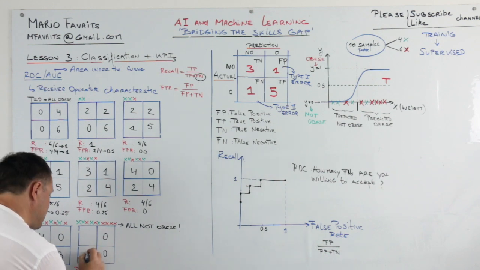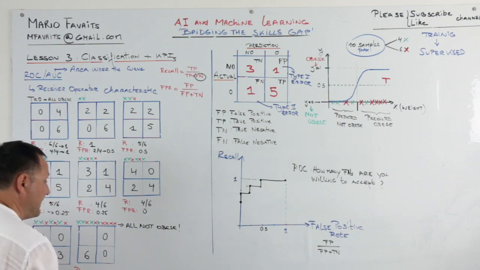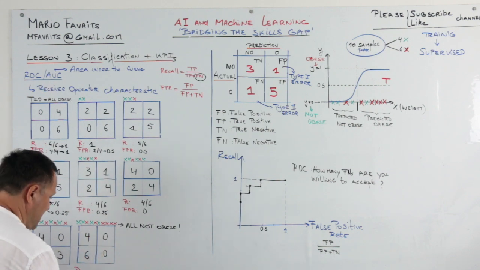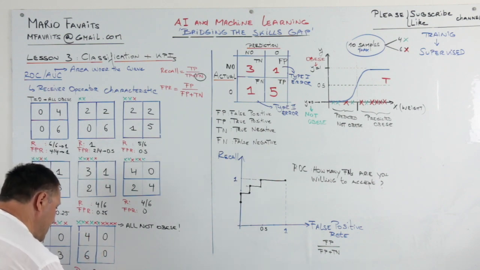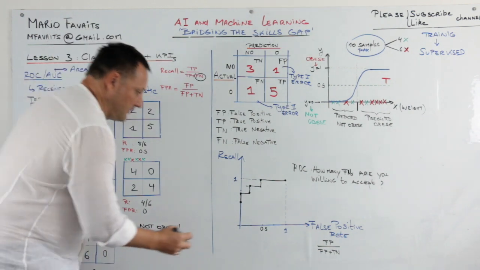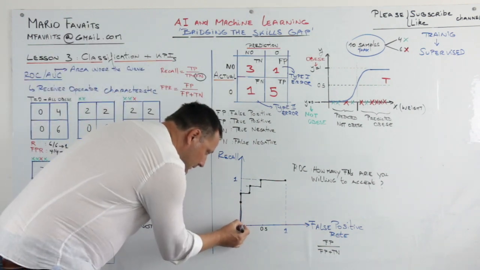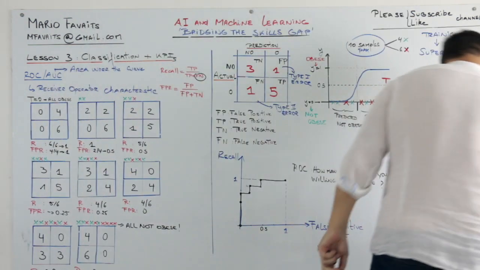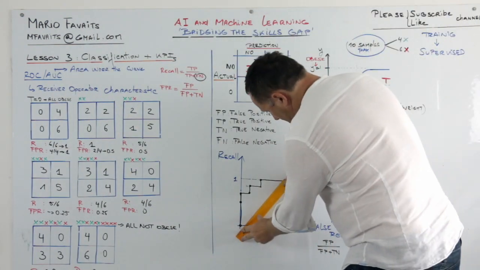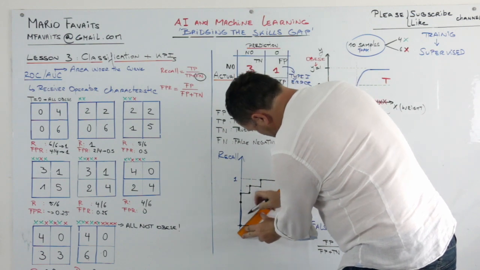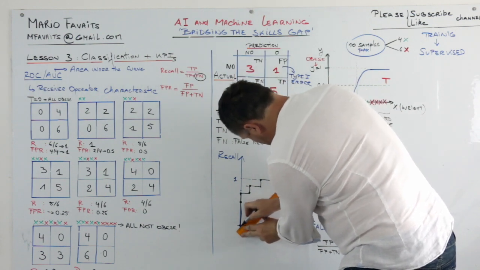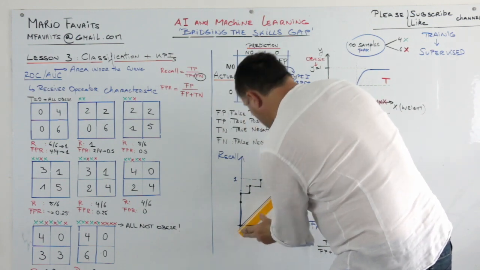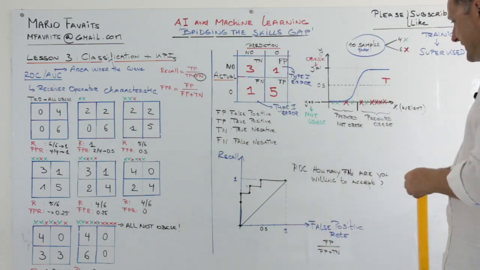We will have 6 false negatives and we will have 4 true negatives. So here recall is 0 and false positive rate is 0. So basically we're going to move to this point. And our curve is like this. Yeah, this is the ROC curve.